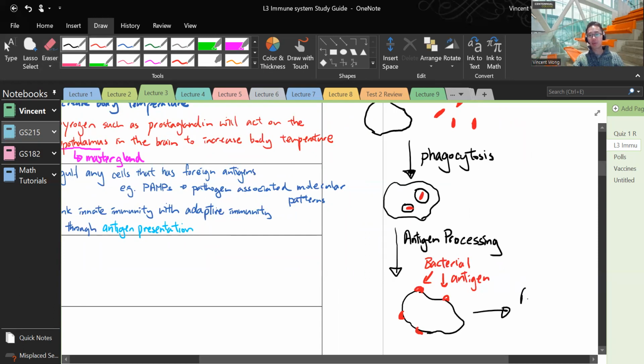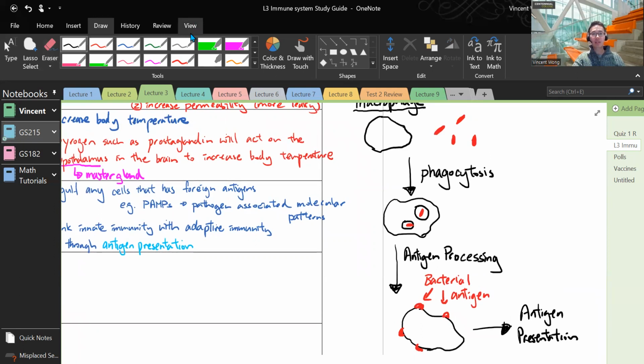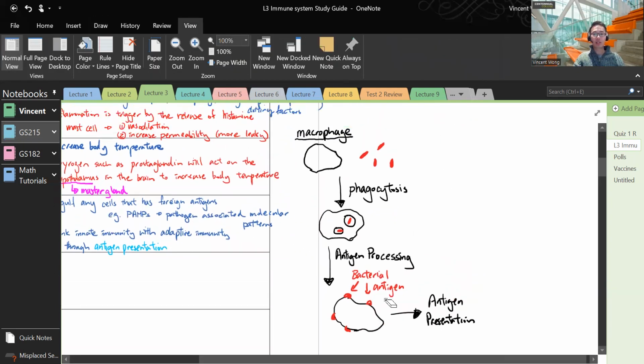So this process is called antigen presentation. And by showing this to the T cells, you will be able to activate them and basically trigger your adaptive immunity. Not all cells are able to do what I just described.